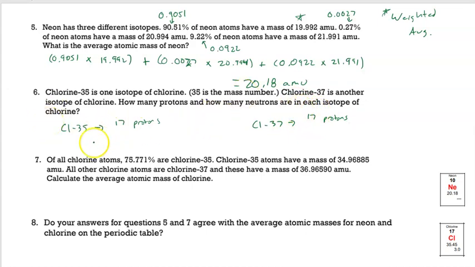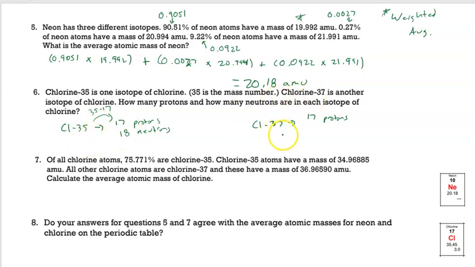Okay, now to get our number of neutrons, we learned this earlier, right? All I'm going to do is take my mass number minus the protons, right? And in this case, I'm going to get 18 neutrons. All right, so 35 minus 17 is 18. So 17 plus 18 is 35. All right.